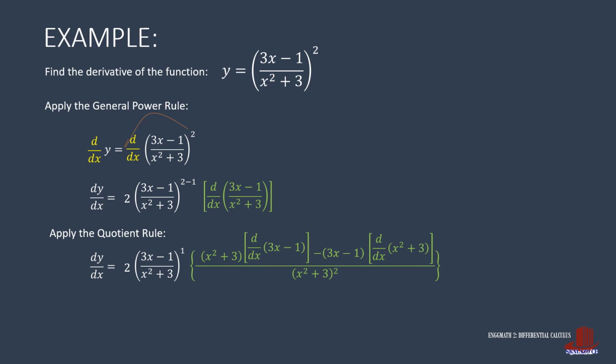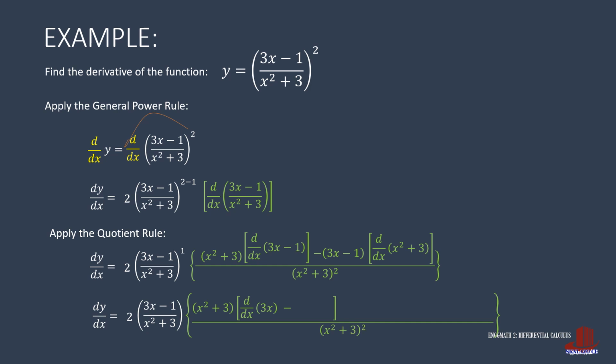Now that these are only found in certain areas of the numerator, the next thing to do is to distribute d over dx to all involved terms. dy over dx is twice of the rational function times the denominator, which is square of the quantity x squared plus 3, where the numerator becomes the copied x squared plus 3 with the distributed derivative of 3x and derivative of 1.